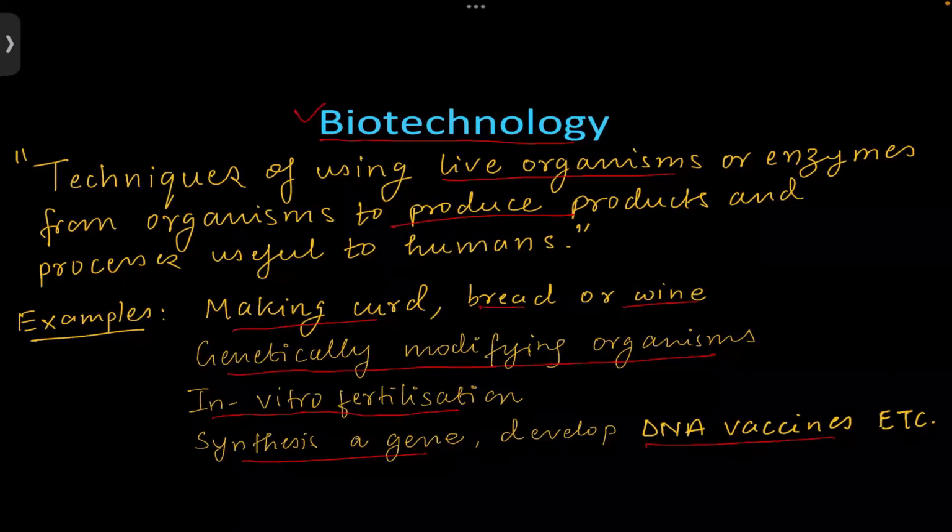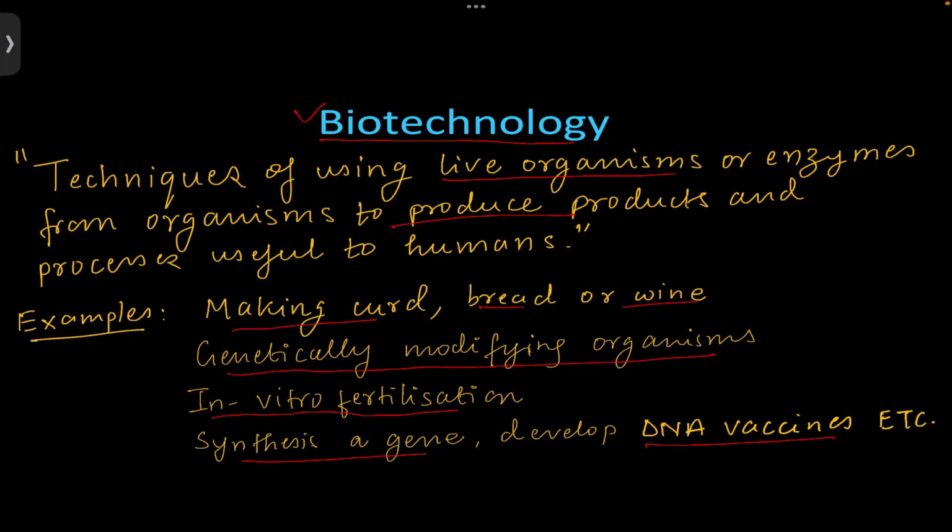So one can divide biotechnology into the traditional or conventional biotechnology, where people mainly focus on the enzymes or other products that live organisms produce, and those enzymes are used for making something useful for humans like curd, bread, wine.